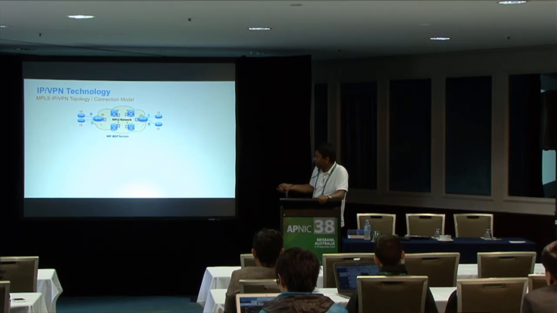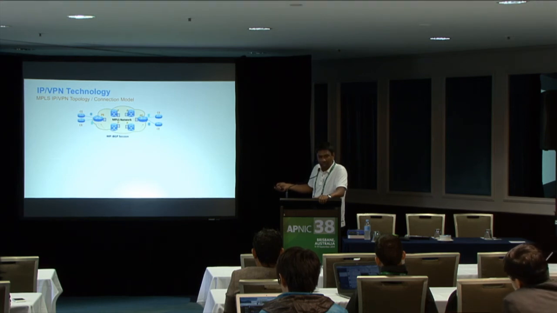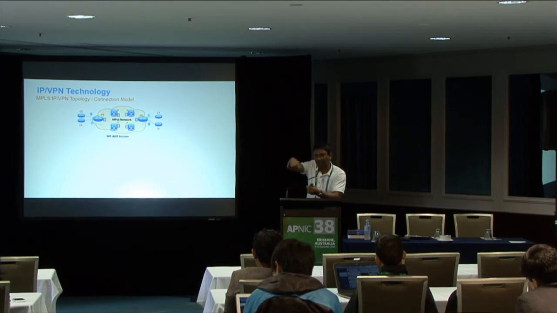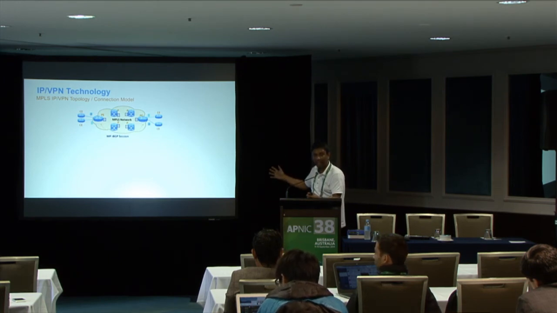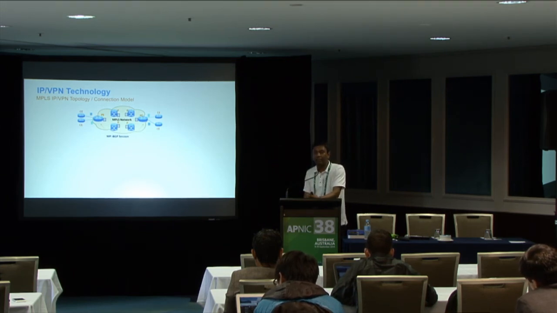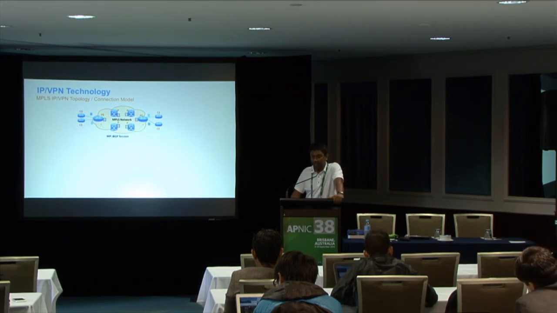We add the RD to distinguish the prefix within the infrastructure, and then we add a string on the prefix. That string facilitates the other side VRF pulling that prefix using the RT, and it goes to the corresponding VRF on the other side. This is how we can isolate customer prefixes within the infrastructure, and the correct prefix can go to the correct VRF.